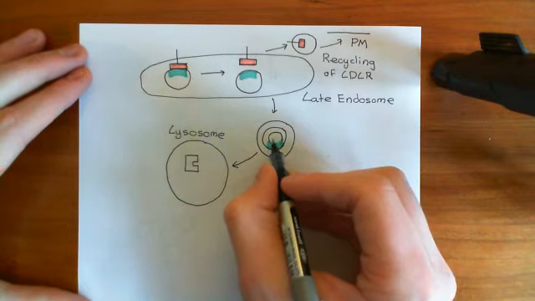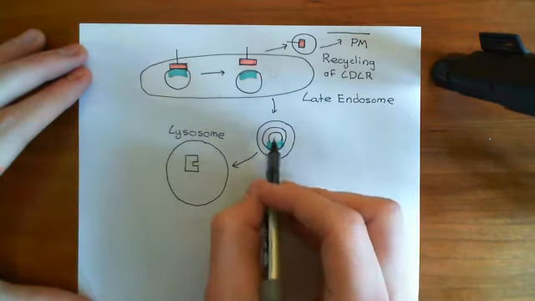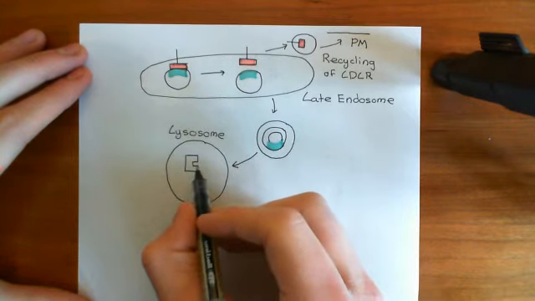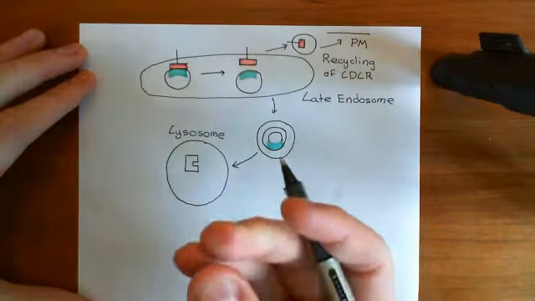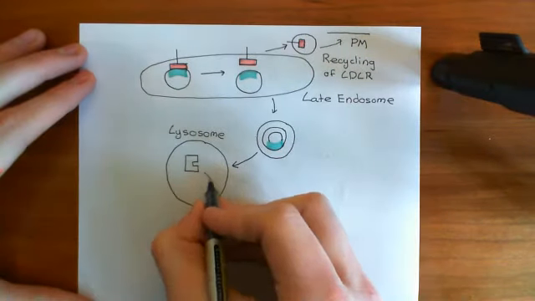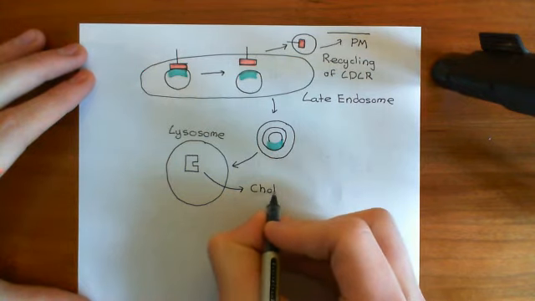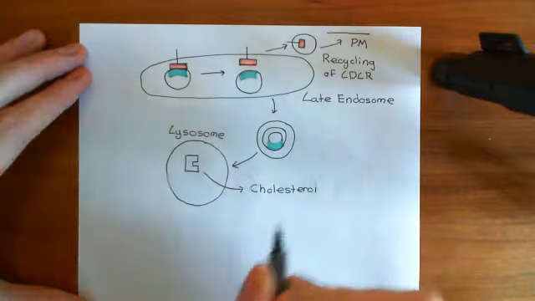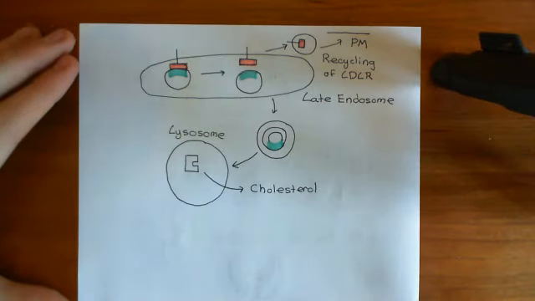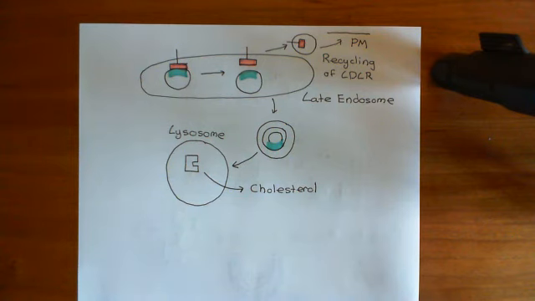One of the key transformations that is going to occur is that these cholesterol esters are going to be broken down by enzymes within the lysosome to free cholesterol and free fatty acids. So the key thing that this is going to deliver into the cell is cholesterol. And we'll continue this discussion in the next video, when we'll see which tissues have the LDL receptor on their surface.